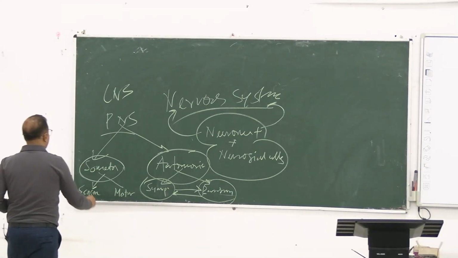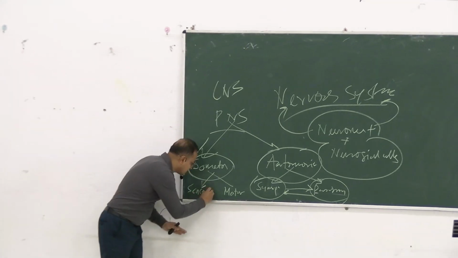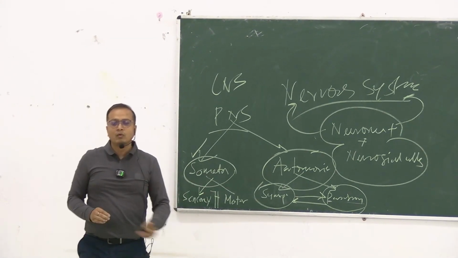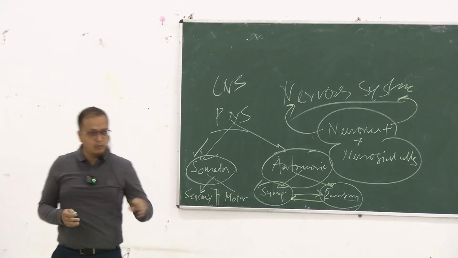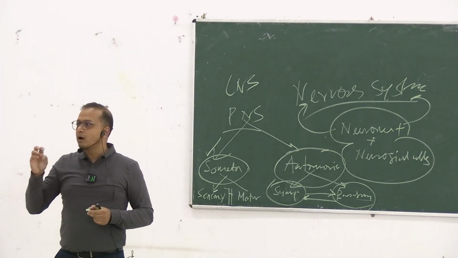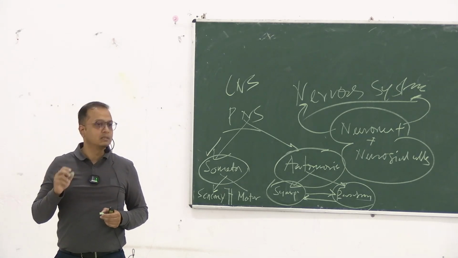But this is not true in the case of the somatic system, which we split into two parts, sensory and motor. Now, sensory and motor come up very frequently whenever we talk about the anatomical part. The sensory part is picking up some sensation or information.